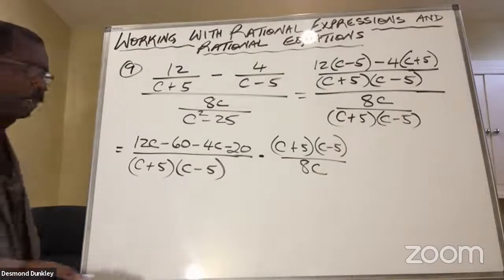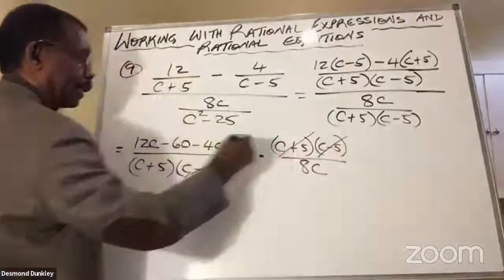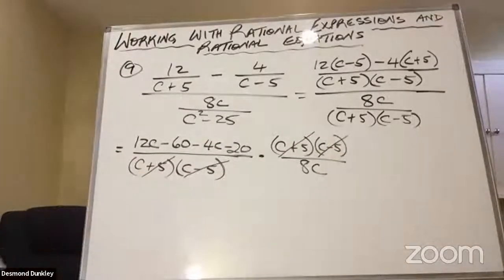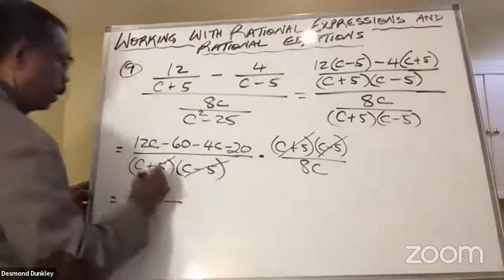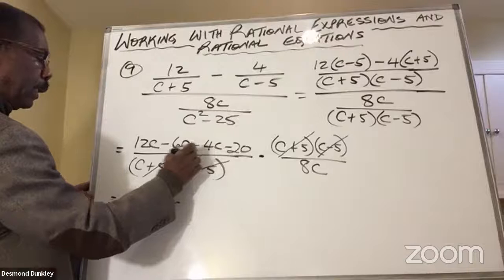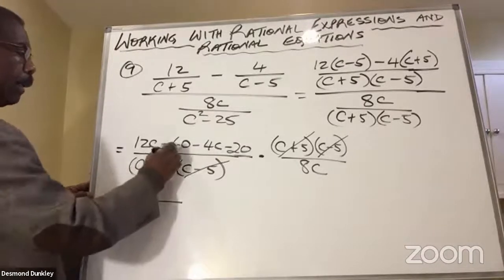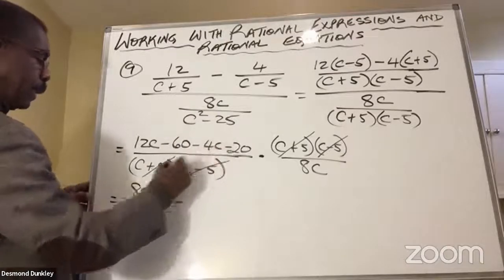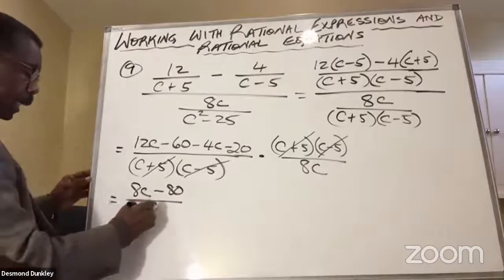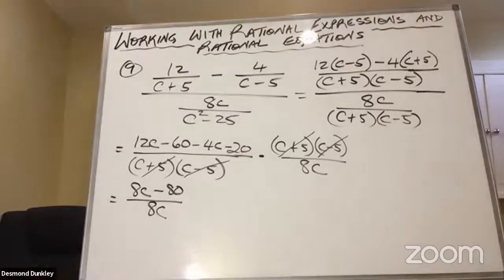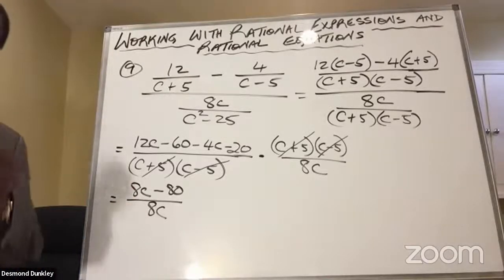If you look carefully, you see that this cancels that, and this cancels that. So now what are we left with? Well, 12C take away 4C is 8C. Negative 60 minus 20, negative 80. All over 8C. So if you look at this, we can divide the top and the bottom by 8.